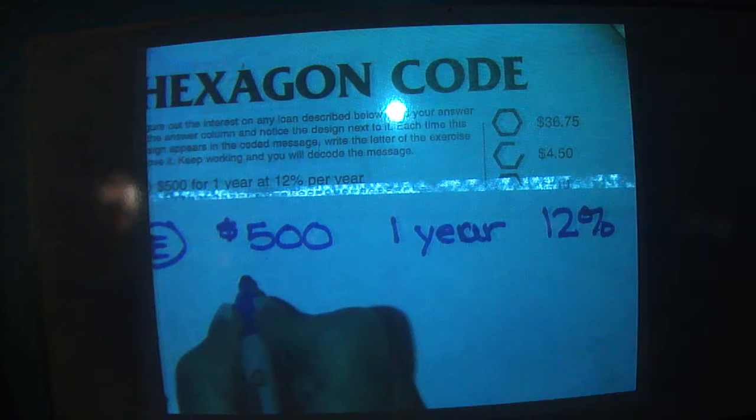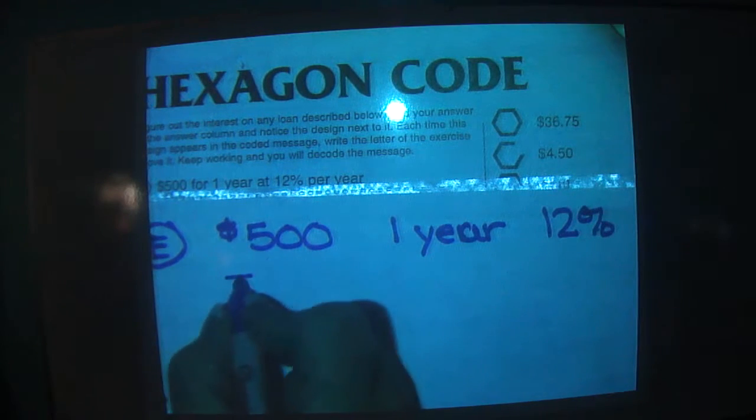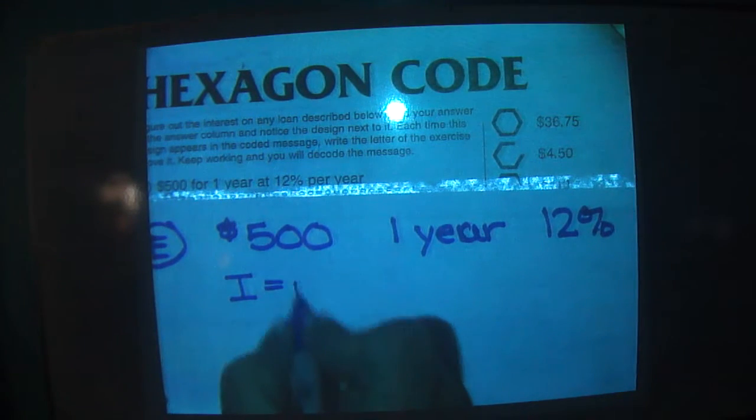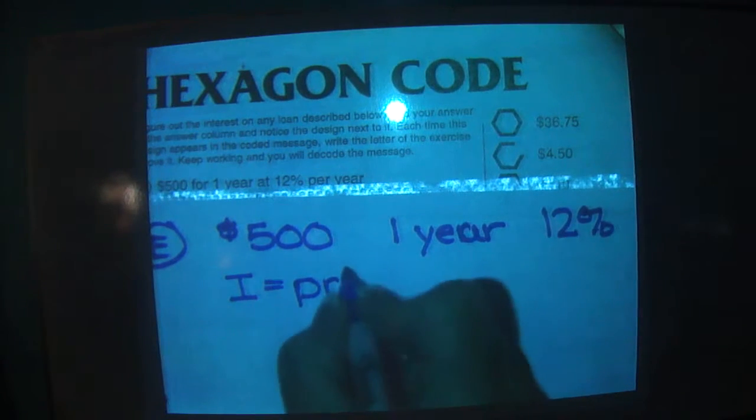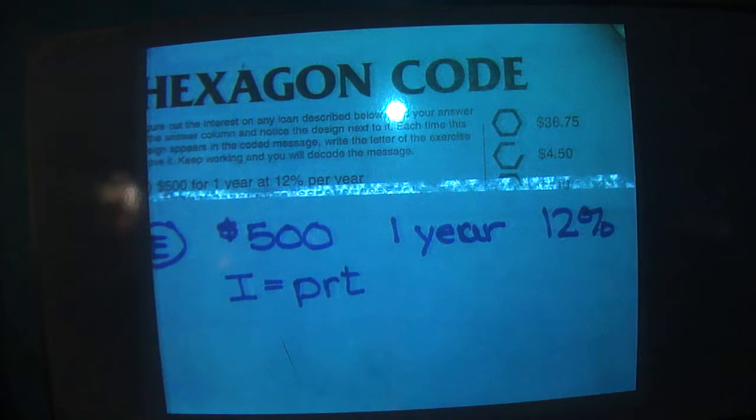How we calculate interest: interest equals principal, P, times rate, R, times time. Interest equals PRT. Principal is the amount of money that you either borrow or put in, times the interest rate, which you can show as either a fraction or a decimal, times the time. The time will always be in terms of years.